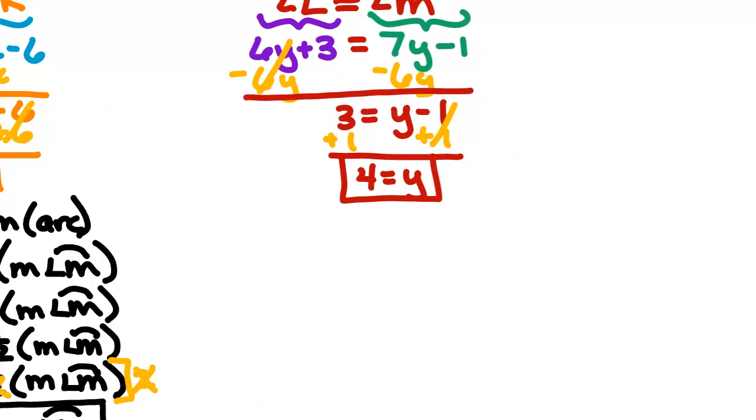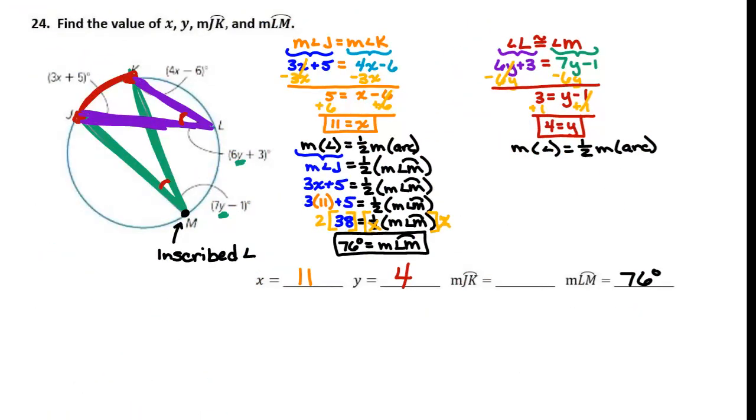So because it's an inscribed angle, we have the measurement of the angle is equal to 1/2 times the measurement of the arc that it intercepts. Do you guys want to use angle L or angle M? It doesn't matter. We're going to get the same answer either way. M sounds good.